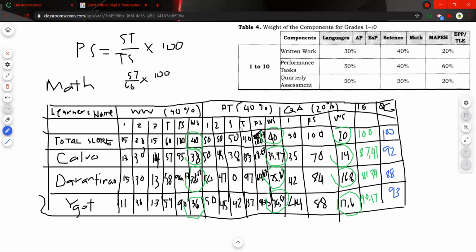For the activity, I want you to create a grid sheet. You have the freedom to choose whichever subject you like. If you want science, the percentages are 40, 40, 20. If you like English, it is 30, 50, 20.